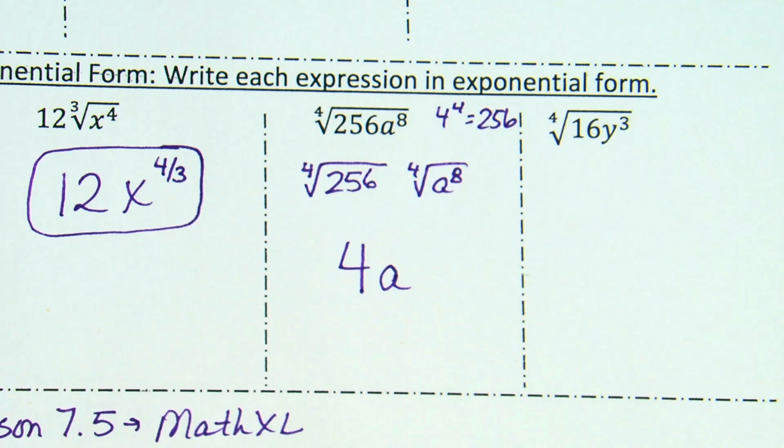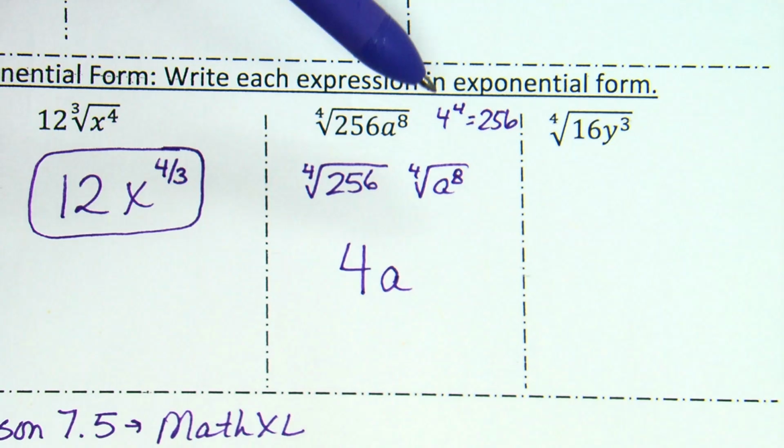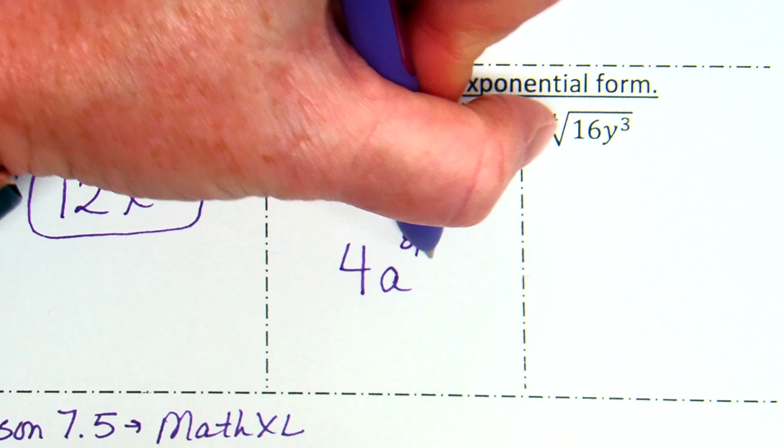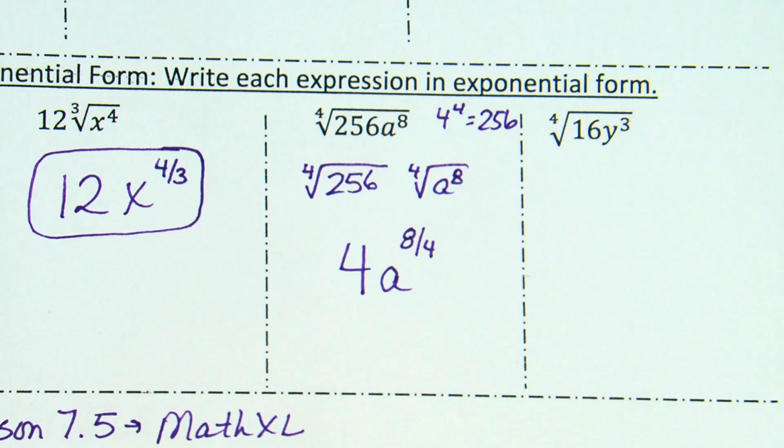A to what power? 8/4. I think I've heard both answers now. Which one? 4/8 or 8/4? Little number, this number right here always goes on bottom, so 8/4. Yeah. What do you know about 8/4?